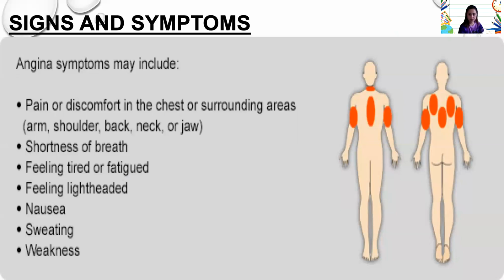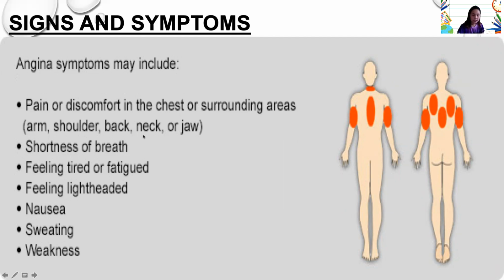So anong signs and symptoms na meron kang angina? Ito yung mga part ng katawan na sumasakit maliban sa chest or sa puso. So pwedeng sa back mo or dito sa mga kamay mo na to, okay? Or sa neck, back, ito yung puso, or pwedeng sa jaw din siya.